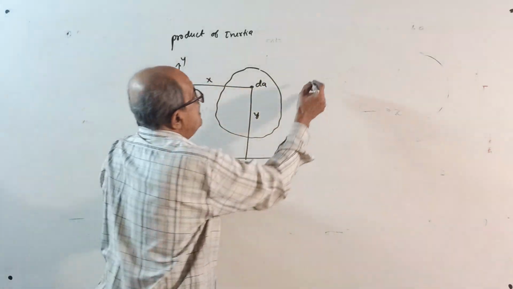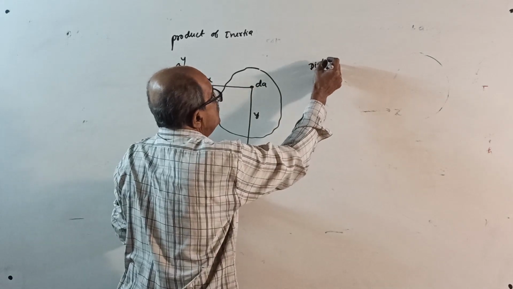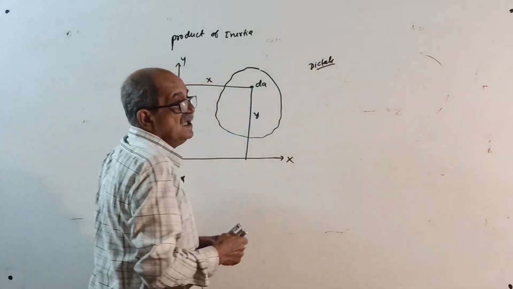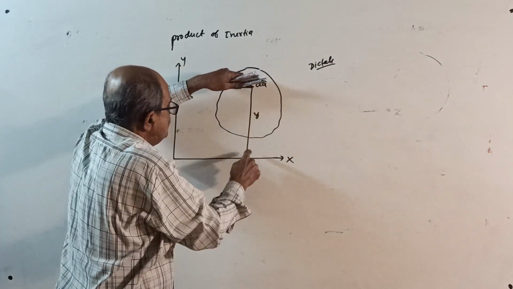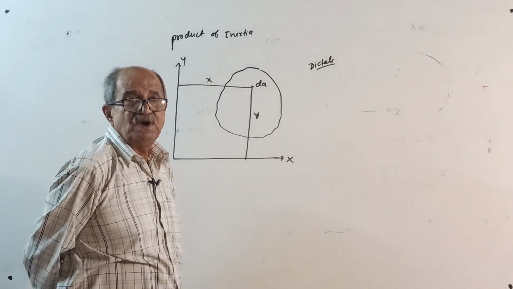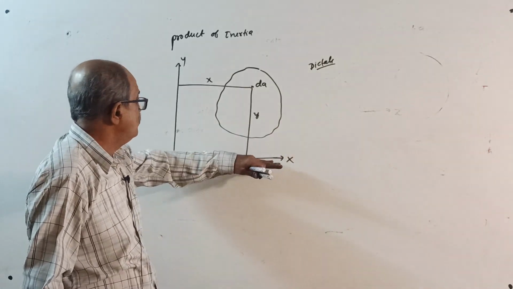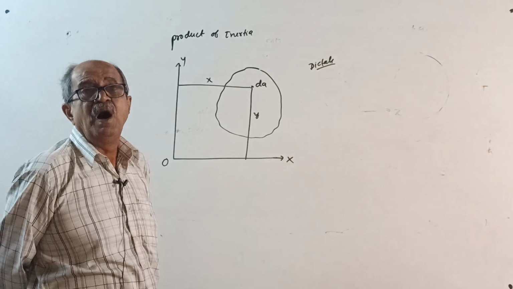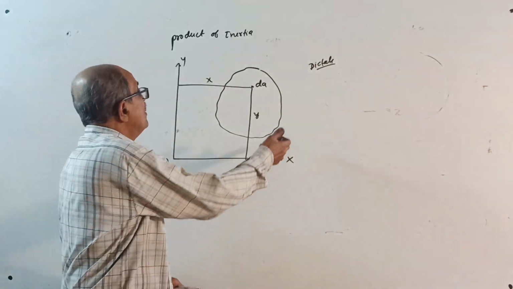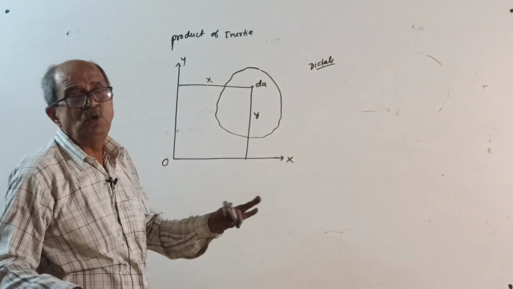Now, I will dictate something. You write. dA into Y is the first moment of the elemental area about OX. Sigma or integration will give the moment of the entire area about OX.